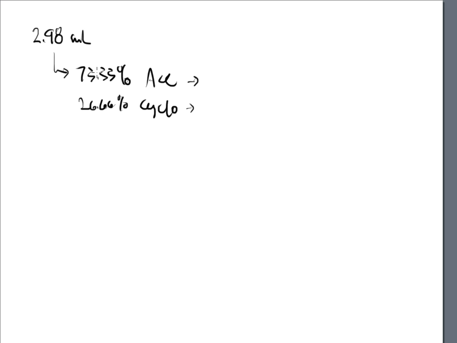All right, so this is what we need to do for those columns. In order to calculate the actual number of milliliters contained in those fractions, well, you need to take your volume that you have said that you have received in that fraction, and you need to multiply by the percentage. So here, 73.33%. So you need to take 0.7333 multiplied by 2.98, and that will give you the number of milliliters of just acetone that's contained in that fraction.